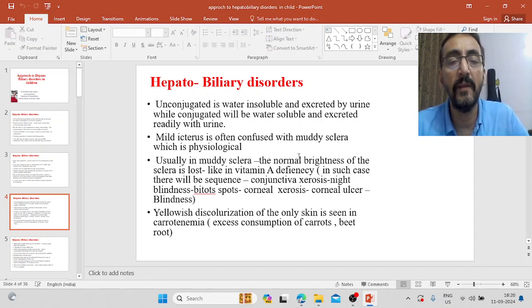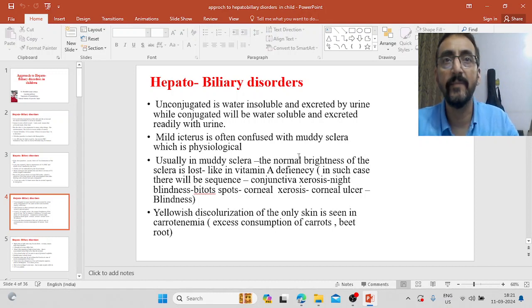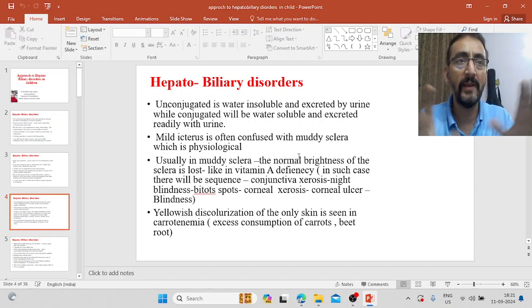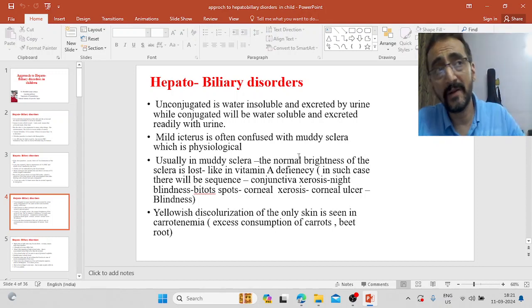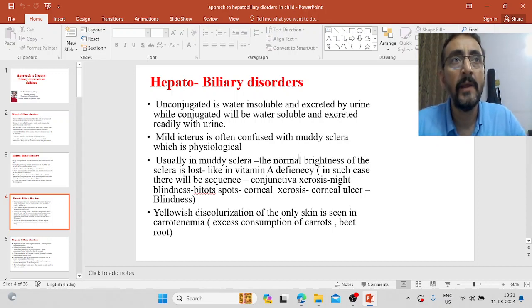It is usually seen in allergic disorders, in a patient who has allergy or some vitamin deficiencies. The sclera does not have its normal brightness. The whitish portion of the sclera is not bright, it is dull, and we call this condition muddy sclera.